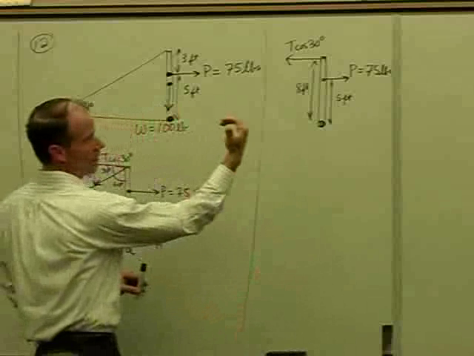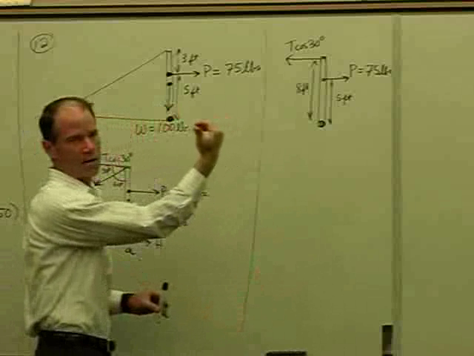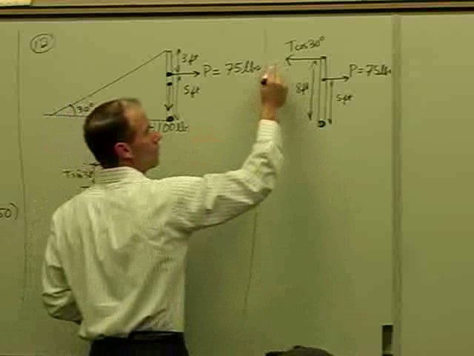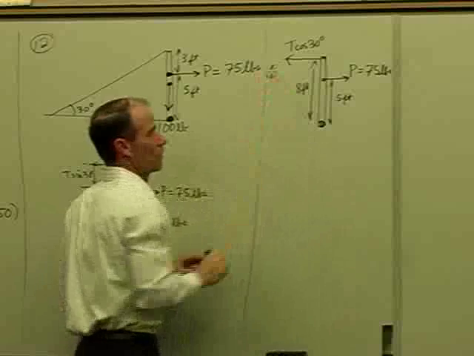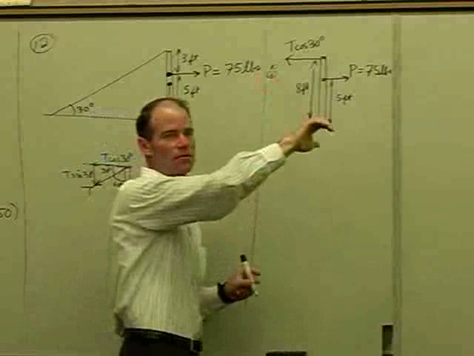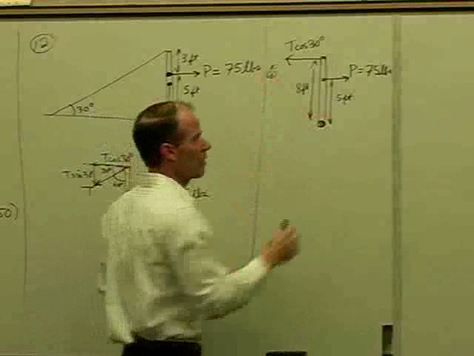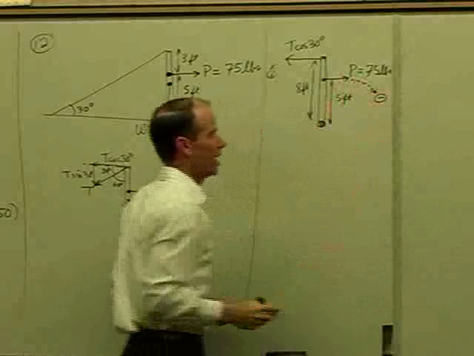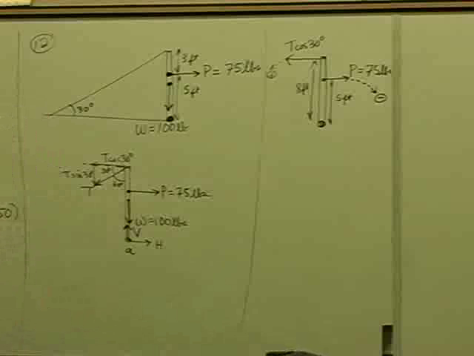T cosine 30 is trying to make this thing rotate counterclockwise. That's going to be a positive torque. The P is going to try to make this thing rotate clockwise. That's going to be a negative torque. And as a result of those two torques, it won't rotate at all, so we'll have a net torque of 0.